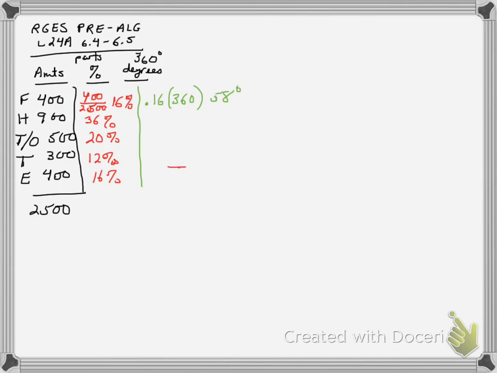And 0.36 would be 130 degrees. 0.16 again would be 58 degrees down here. 0.12 would be 43 degrees. And the last one, 72 degrees. Now we need to graph it.